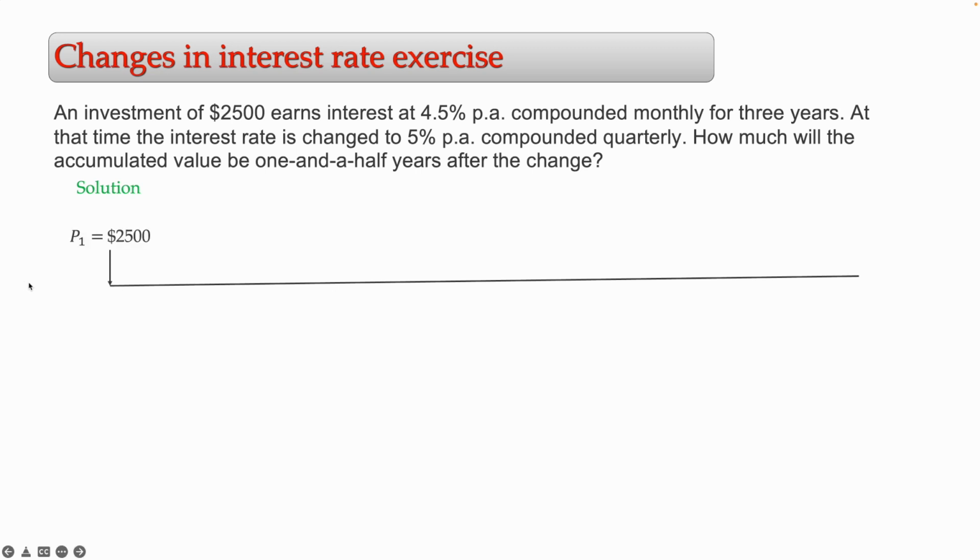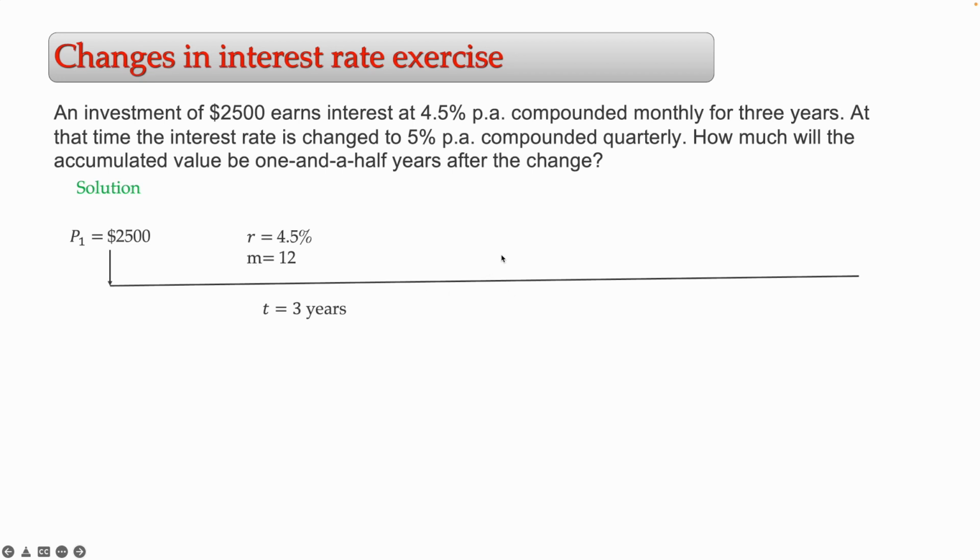Let's call it P1, 2,500. And after, let's say here, 3 years, with an interest of 4.5%, so during these 3 years, there was an interest of 4.5% compounded monthly. So n equals 12 in this period of time.